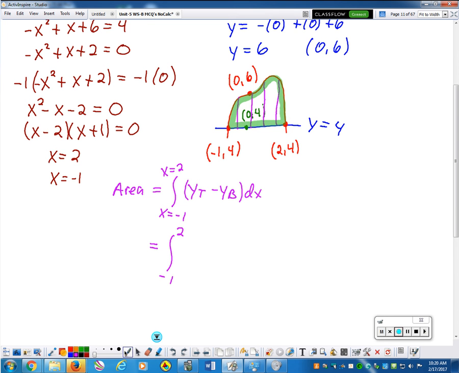So write that down. Negative x squared plus x plus 6. You subtract the y coordinate at the bottom, which is always 4. Multiplied by dx.